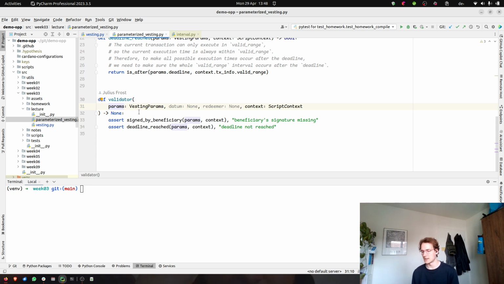The upside of providing it in the datum is that you can later actually change this parameter, by just changing the datum. However, this makes the datum a bit larger because now you have an additional integer in the datum. And if you want to really minimize the size of the pool datum, then you may want to hard code it in the contract and provide it during compilation.